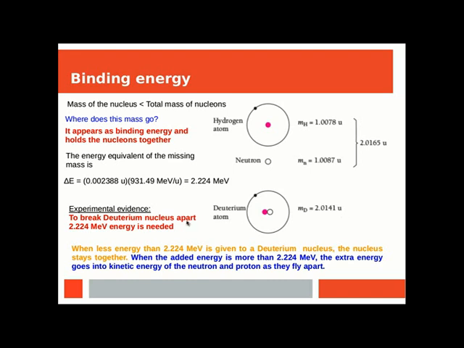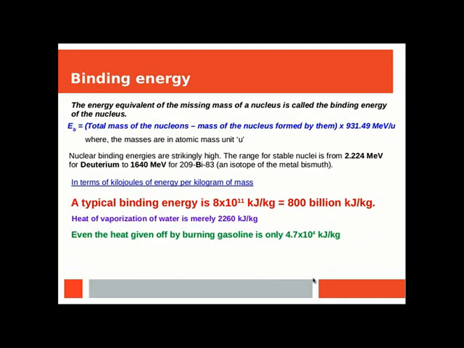It will remain as it is, and any extra amount of energy than this will be used as the kinetic energy of the two nucleons as they fly apart after the breaking of the nucleus. So this is a very interesting thing to understand about the nucleus structure.